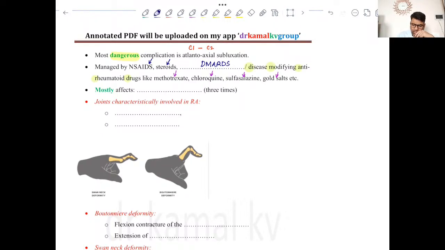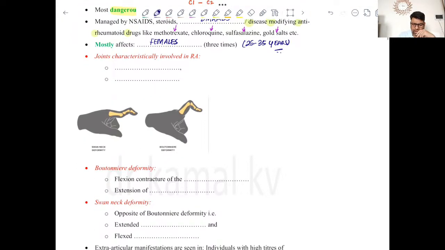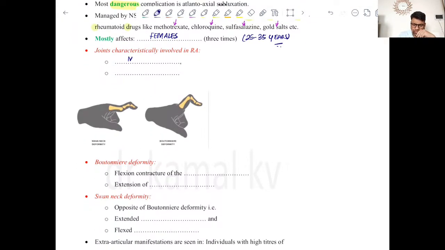Now the condition usually affects females in the age group of, you can say, 25 to 35 years. So this is a classical presentation of rheumatoid arthritis, and we have already discussed that it mainly involves two joints, MCP and PIP, that is proximal interphalangeal, right?